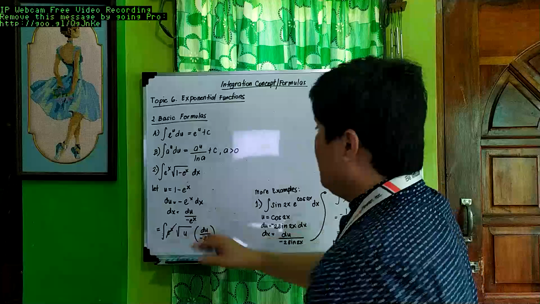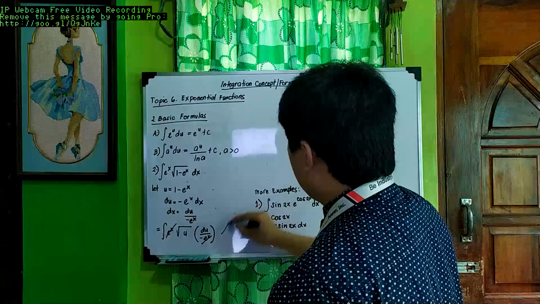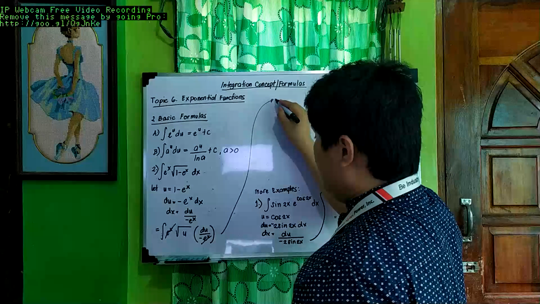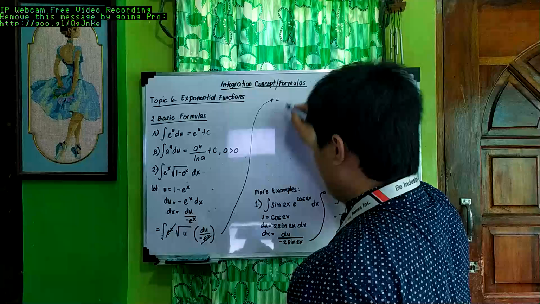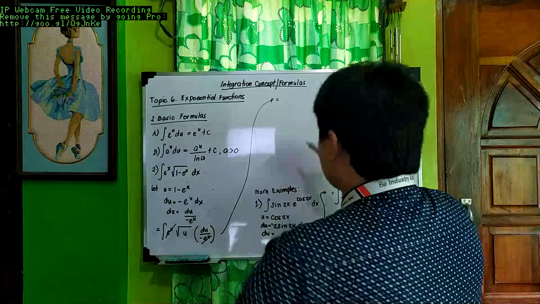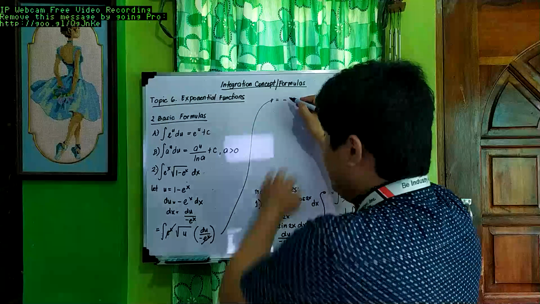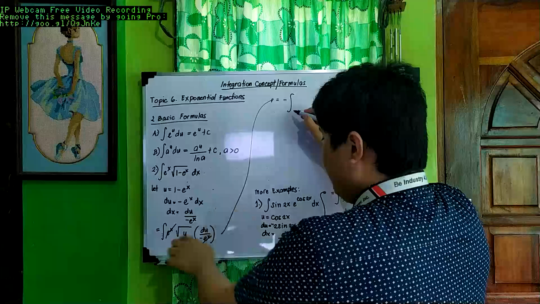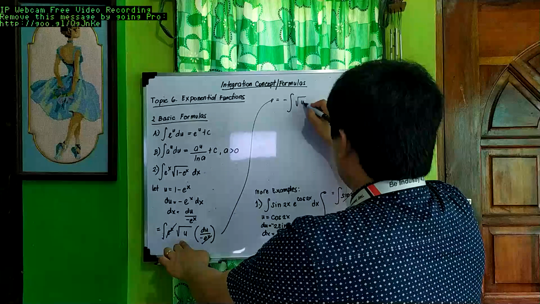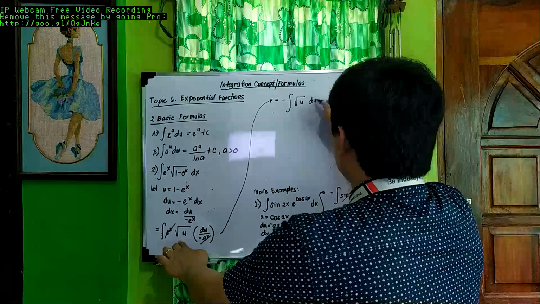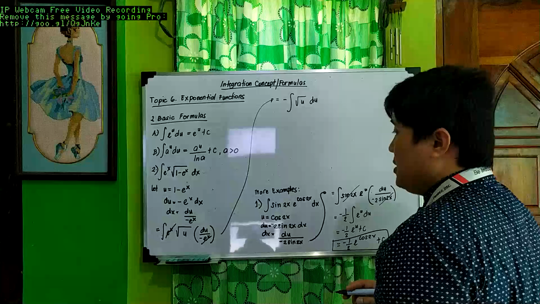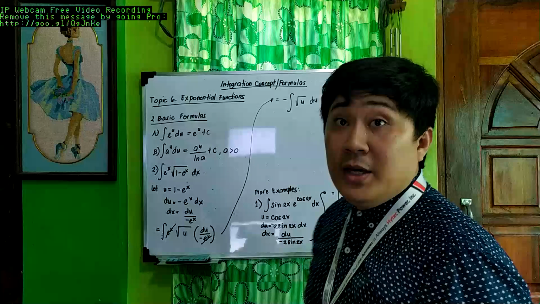Okay, so let's continue this one here. So we have our negative sign moved outside. It's just like negative 1 integral of the square root of u du. Okay? Square root of u du.